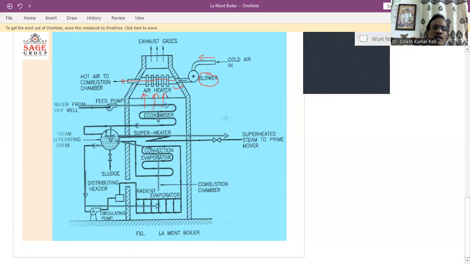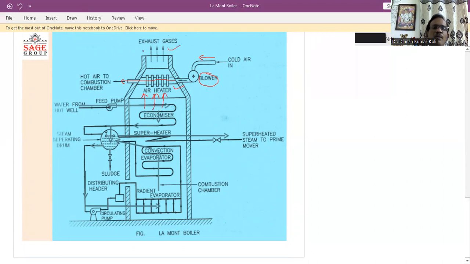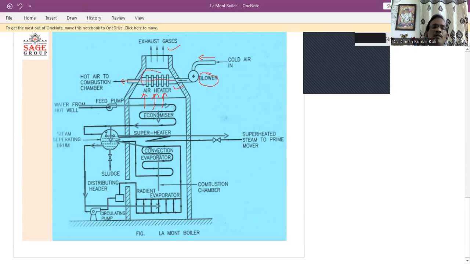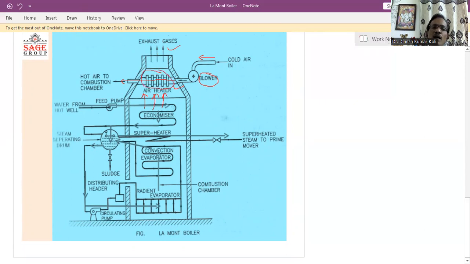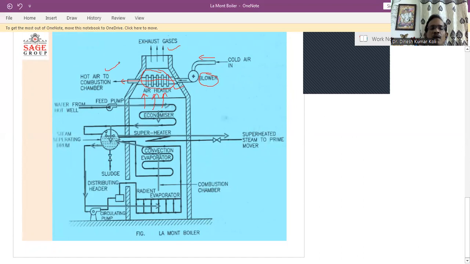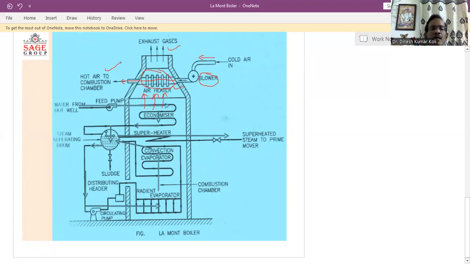Before exhausting to the chimney, the hot gases give their heat to the air passing through the air preheater, and this warm air, when it goes to the combustion chamber, will increase the combustion efficiency. So this is the heat recovery device for this boiler.